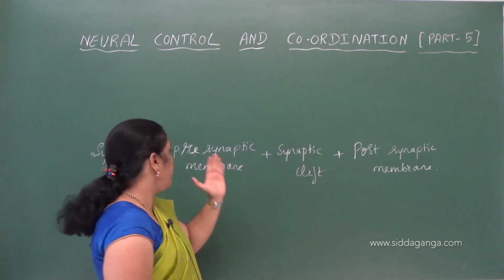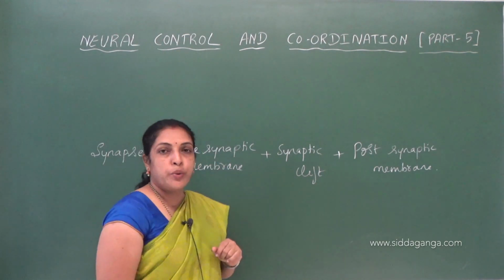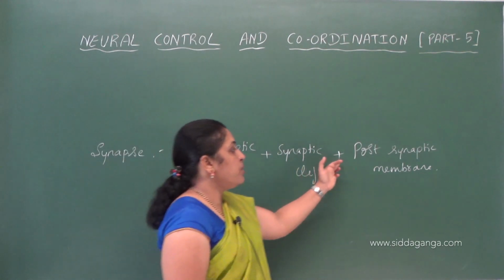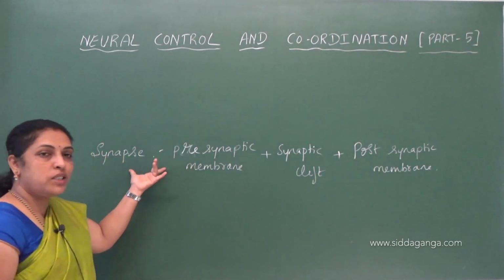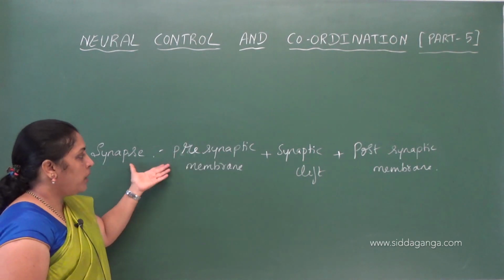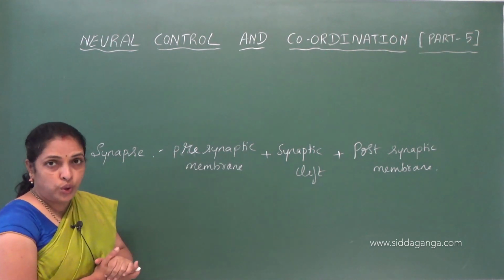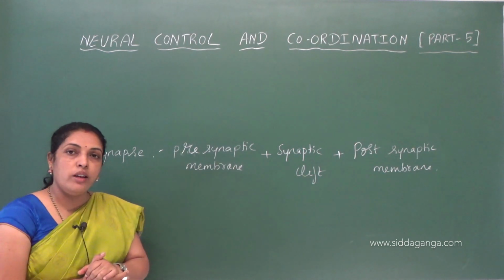It is a junction between the presynaptic membrane and the postsynaptic membrane, and the postsynaptic membrane is seen on the dendron. This is about synapse. It is a functional gap between two neurons, that is between the axon and the dendron.